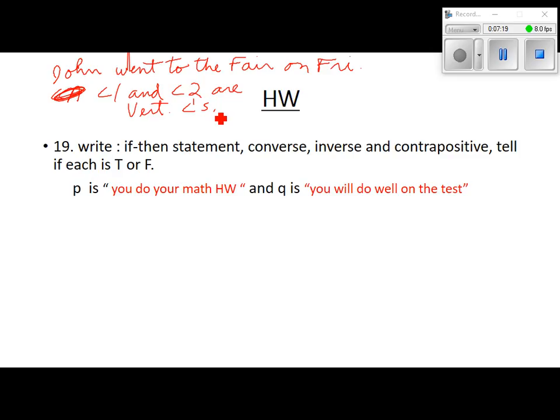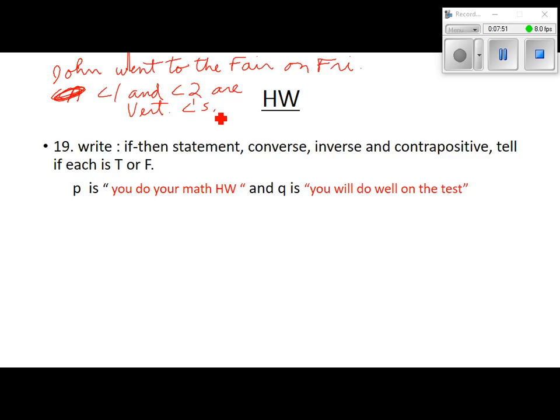We might have to add a little bit to that, but what kind of if and then statement could we write using that? What do you know about vertical angles? They were saying they're congruent, right? So what kind of if and then statement could we write there? If angle 1 and angle 2 are vertical angles, then they are the same. Or then they are congruent.